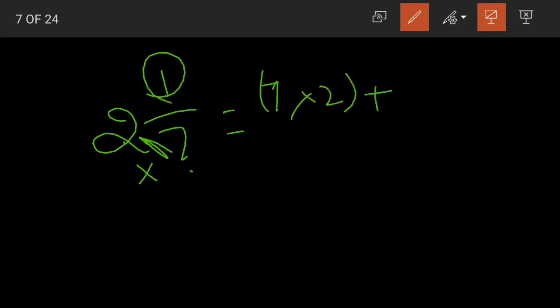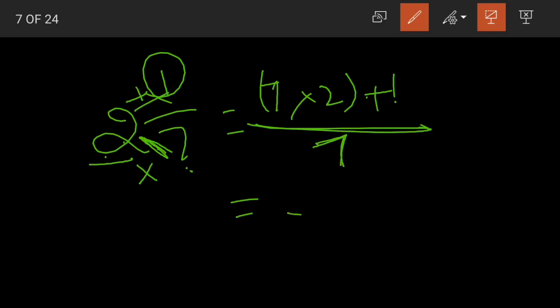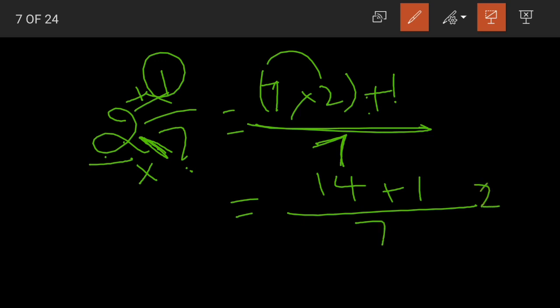The first step is to multiply the denominator with the whole number part. 7 2s are 14, plus add the numerator, whole divided by the denominator. The denominator multiplied by the whole number part, then add the numerator, the whole divided by the denominator. 7 2s are 14 plus 1, divided by 7, is equal to what? It is equal to 15 by 7.